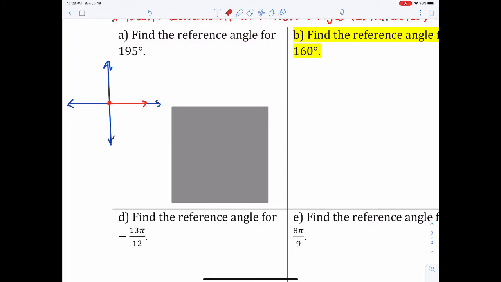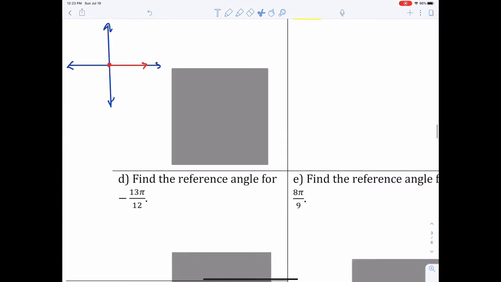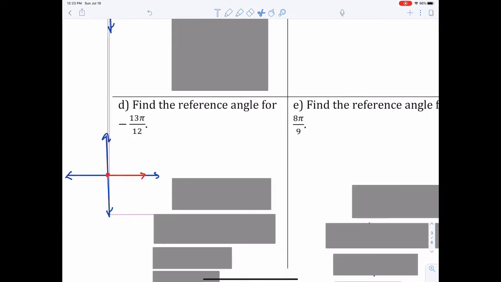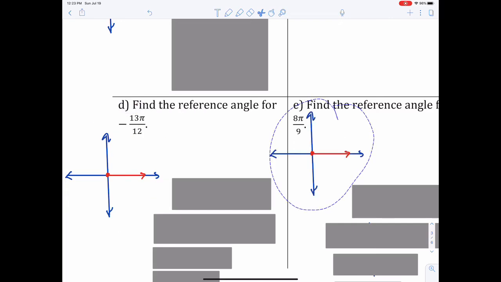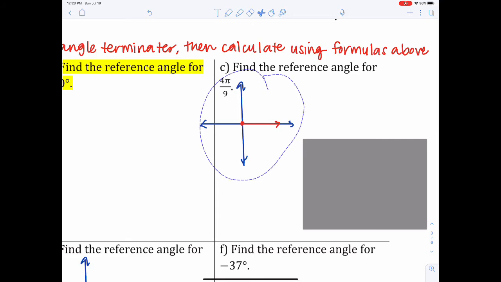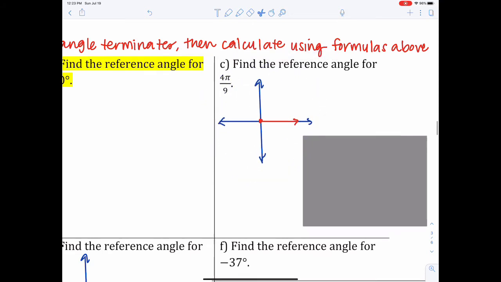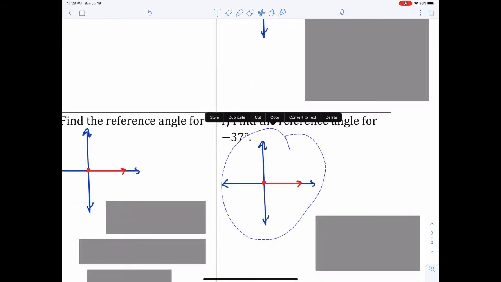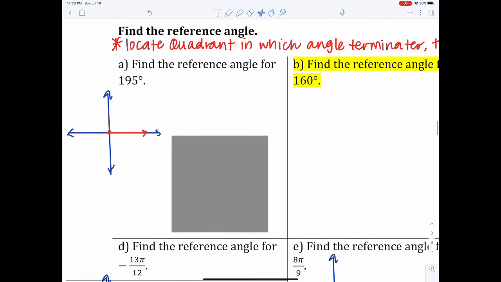So essentially you could copy and paste that diagram over to every single problem, which I actually am going to do now just to save us some time. So I'm going to just copy and paste it everywhere because I know I'm going to need it. Okay. Let's go back to example A.